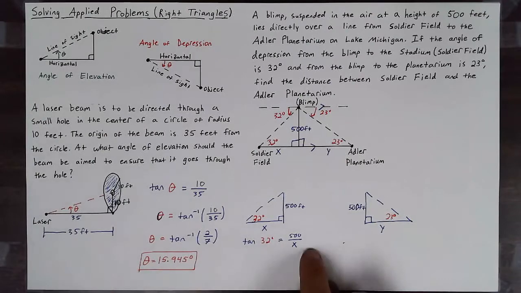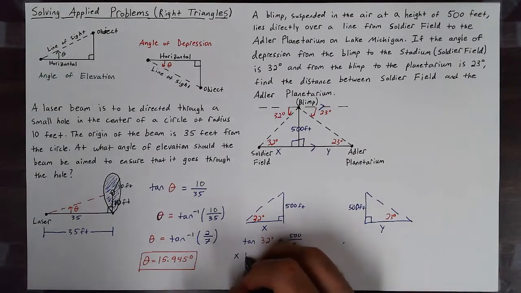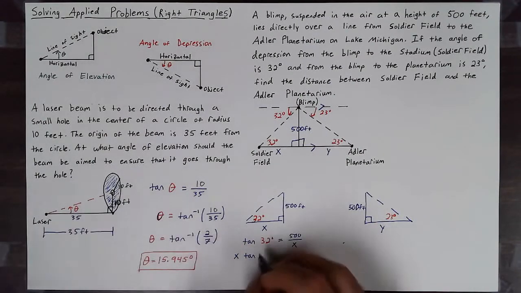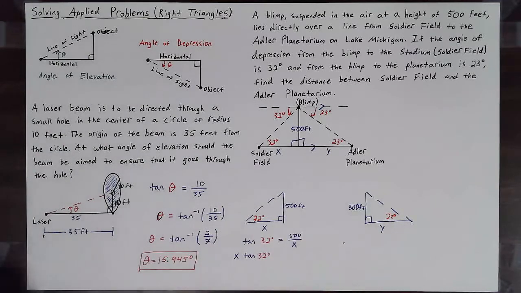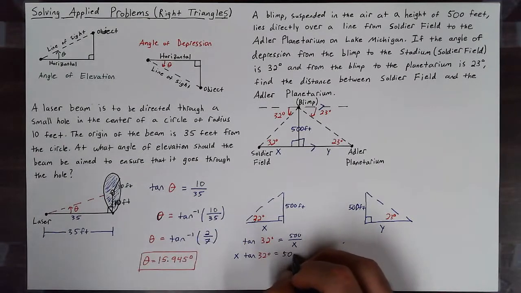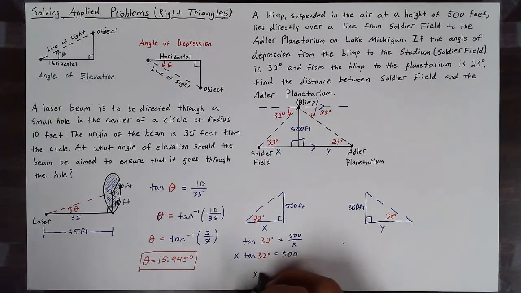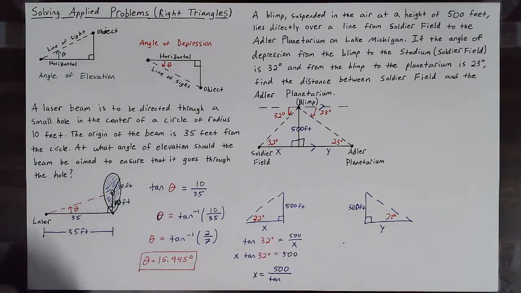So if I multiply each side by x, I get x times tangent of 32 degrees is equal to 500, and then x is going to be equal to 500 divided by the tangent of 32 degrees, which I'll calculate in my calculator in just a minute.